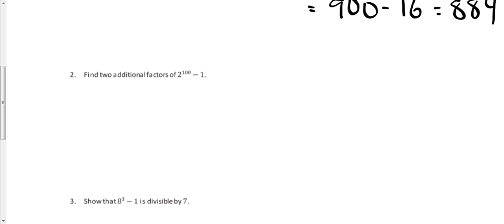What is the square root of 2 to the 100th power? 2 to the 50th. Because when I multiply 2 to the 50th times 2 to the 50th, what do I do to the exponents? You add them, right?